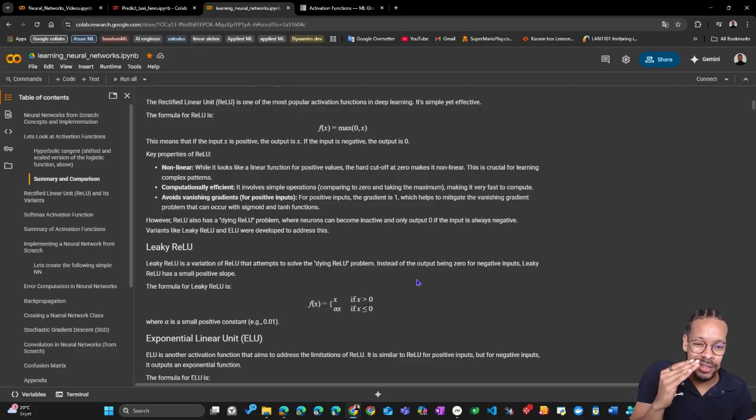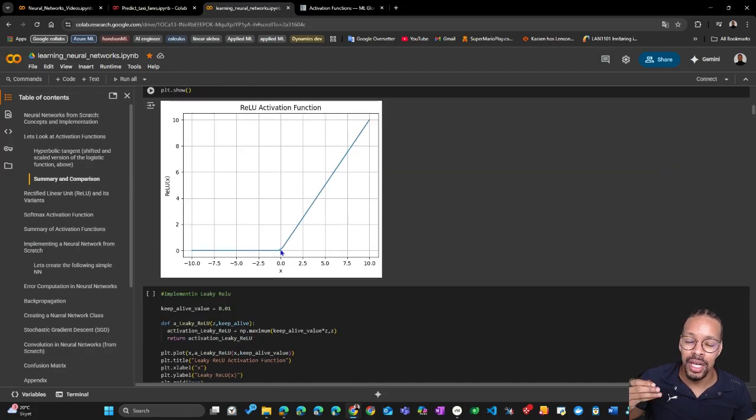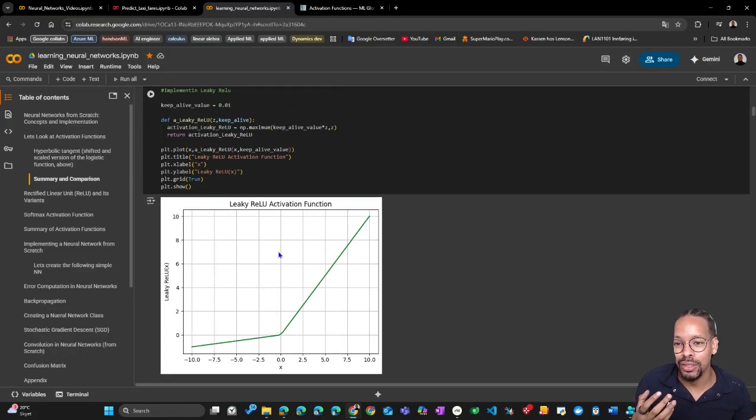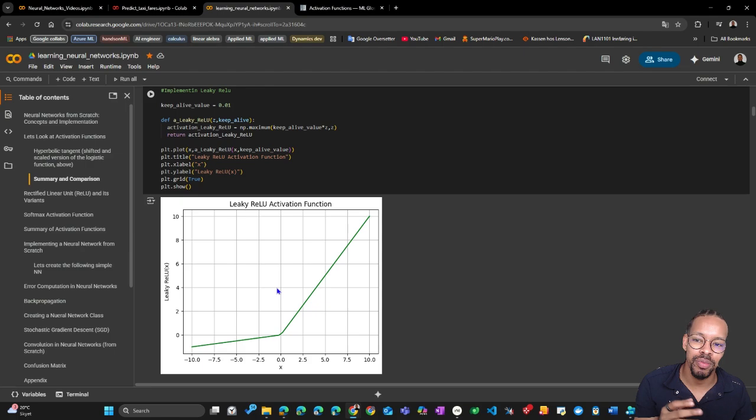The negative values actually start getting a slope. I called it the keep alive value, which keeps the gradient alive. So if we get a huge negative number, the gradient is still alive, but with a very small slope. So that solves part of the problem.